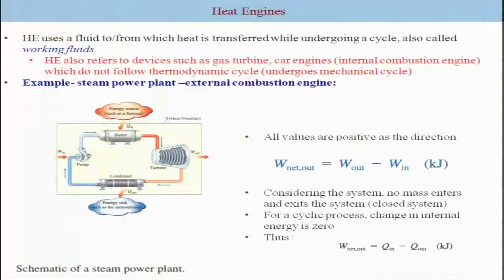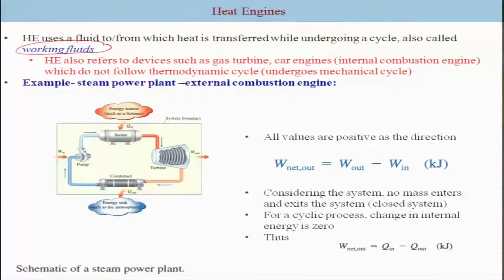The fluid used as part of the heat engine we call the working fluid. It could be water, for example, in a steam power plant, or it could be gas, as in a gas turbine or a car engine, which is an internal combustion engine that does not follow precisely a thermodynamic cycle, but follows a mechanical cycle.